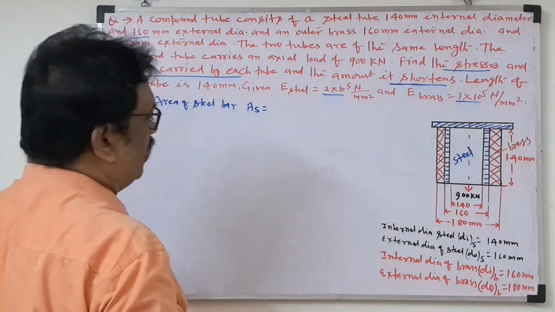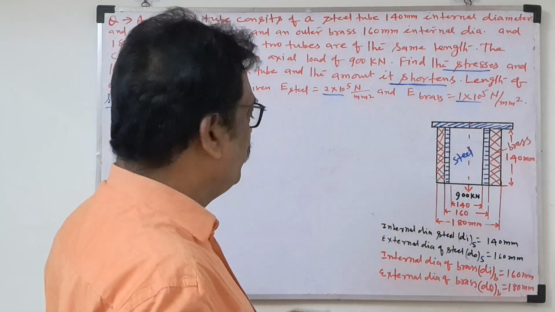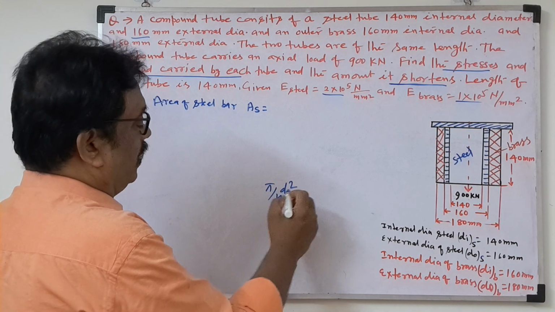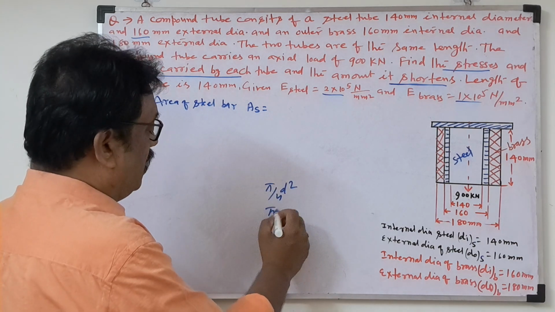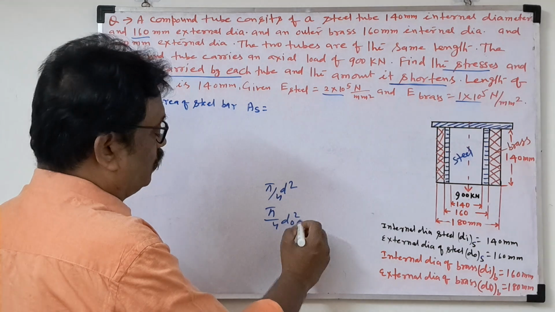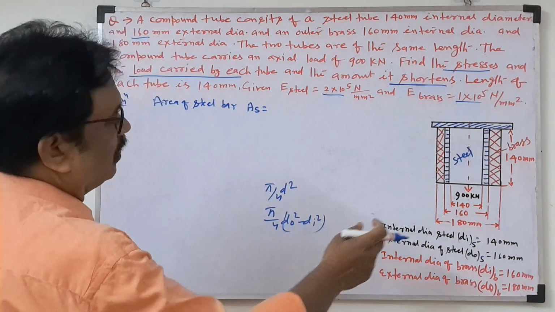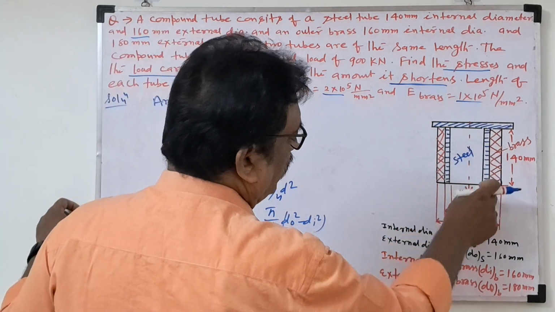So what is the formula? For a bar with circular cross section, it is pi by 4 d square. For a hollow cylinder, it is pi by 4 into (d0 square minus di square). Here you can already see the internal and external dia.